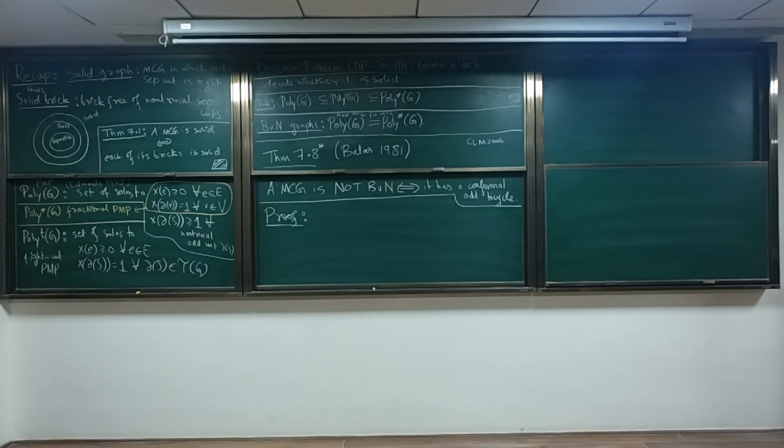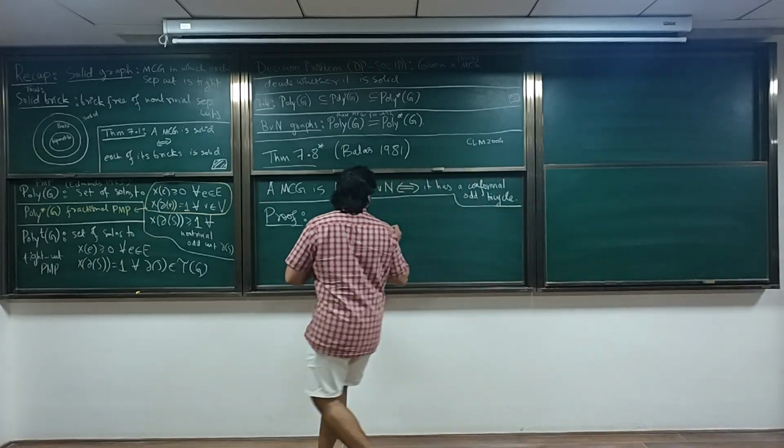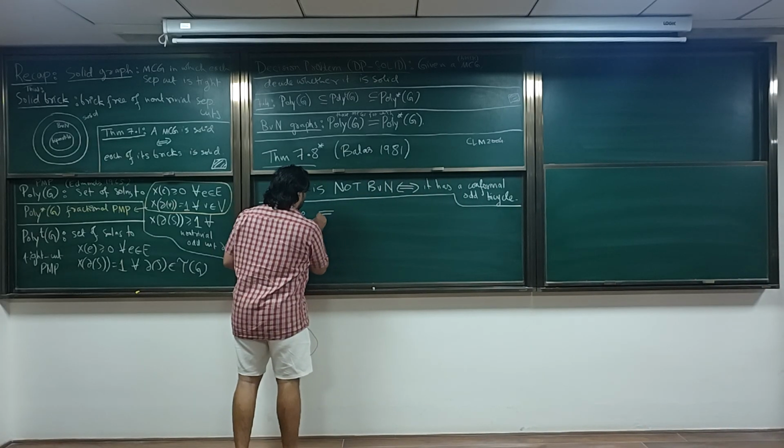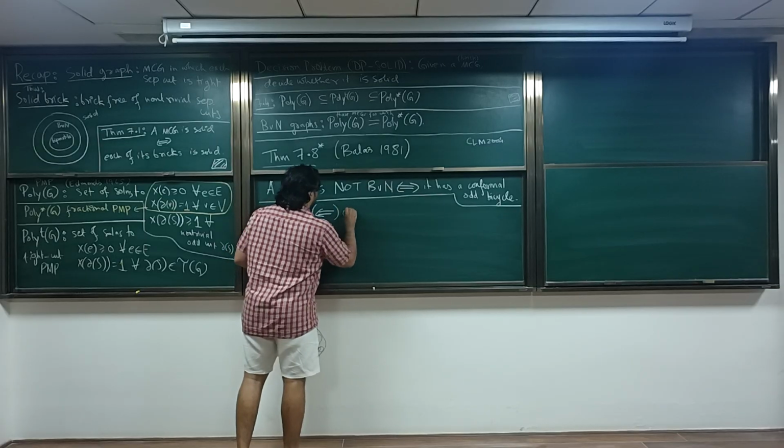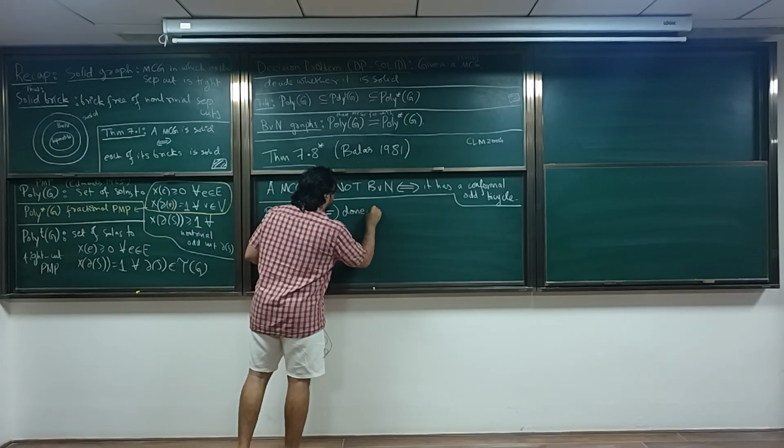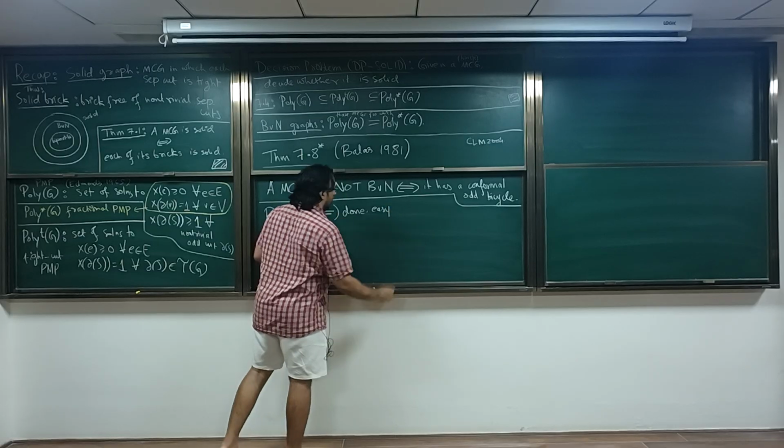Therefore, it doesn't satisfy Edmonds constraints. So therefore, the vector does not belong to the perfect matching polytope. Right? Therefore, we are done with that direction. So if there is a conformal odd bicycle, then we are done. This is relatively easy.